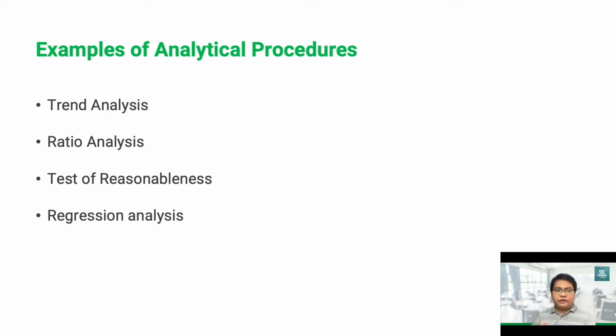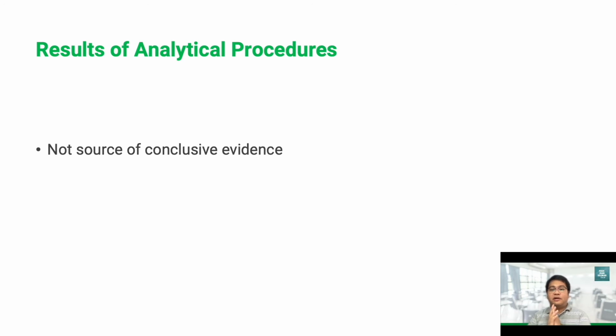However, although these analytical procedures are very helpful in assessing possible risk of material misstatement, they are not a source of conclusive evidence. Meaning to say, if we have identified a deviation from our expectation, that does not necessarily mean there are already material misstatements arising from that area. So we still have to perform additional audit procedures to find out the reason for the deviation.